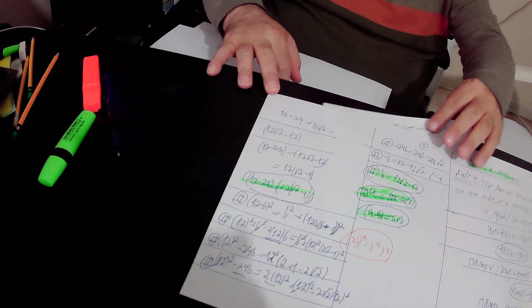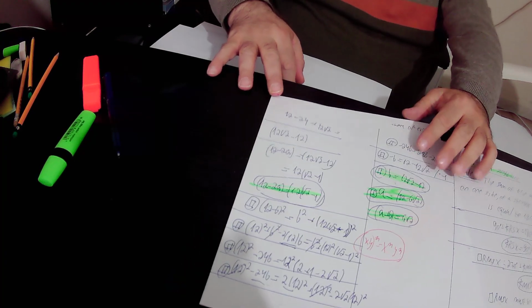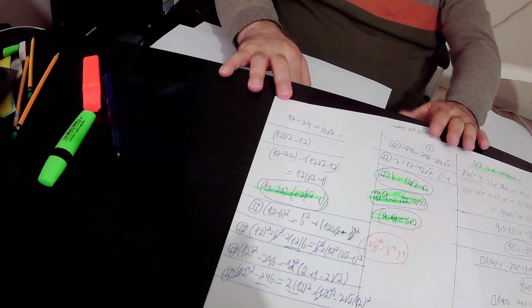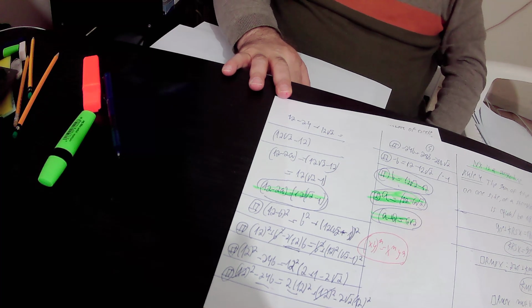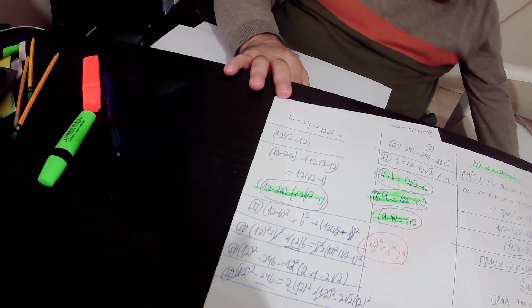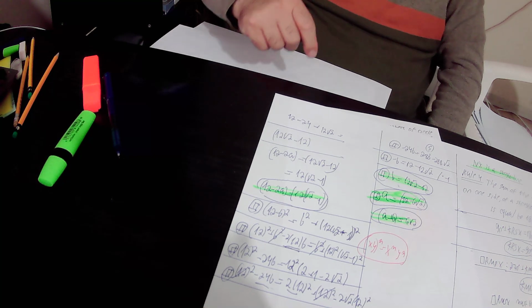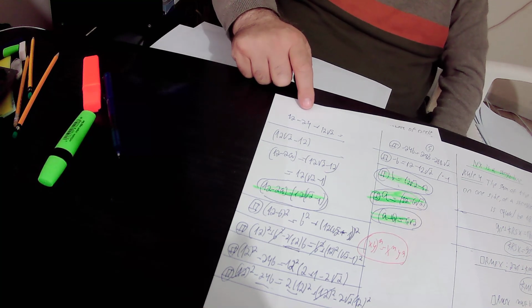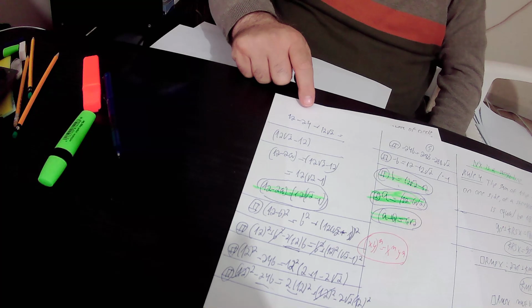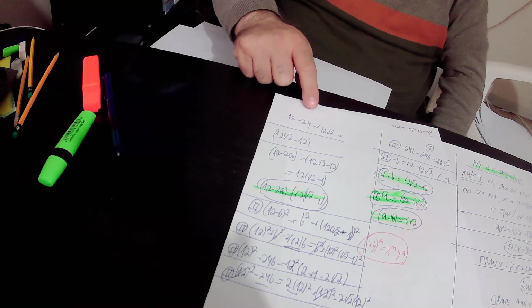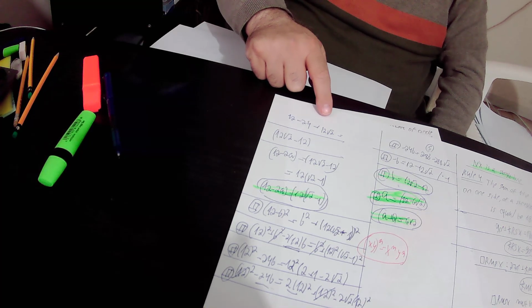We open the brackets here, and we got that minus 2 times 12 is minus 24, and minus 2 times minus 6 times square root of 2 is plus 12 times square root of 2.